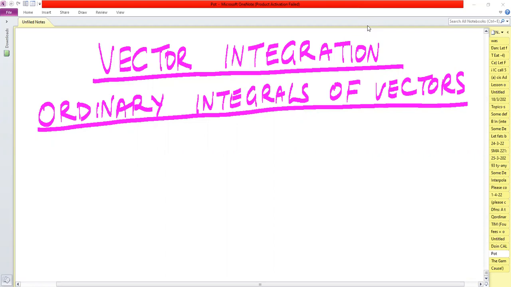So to define an ordinary integral of a vector, we need to define a vector in space.